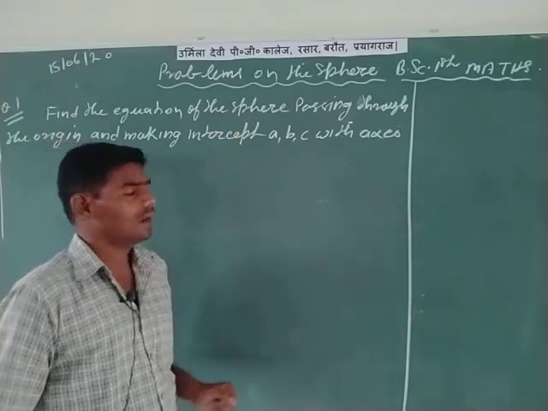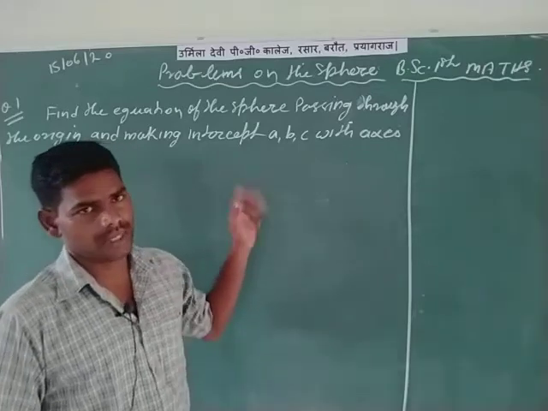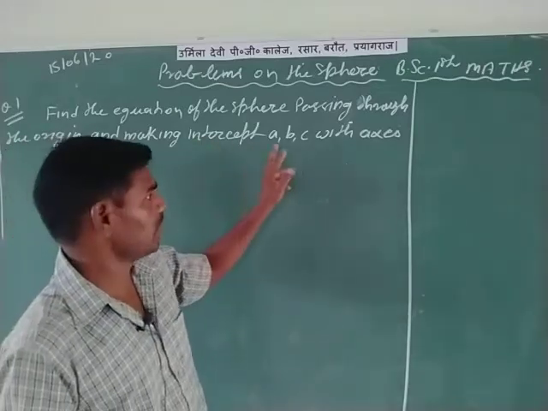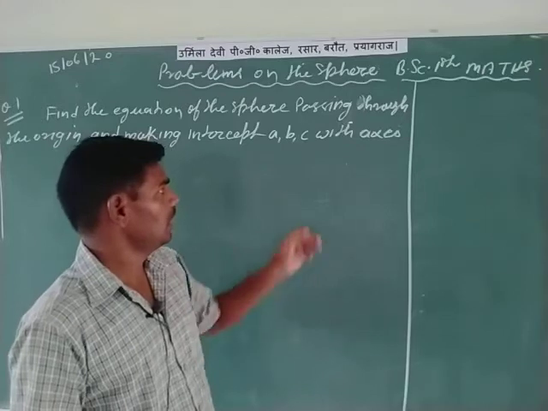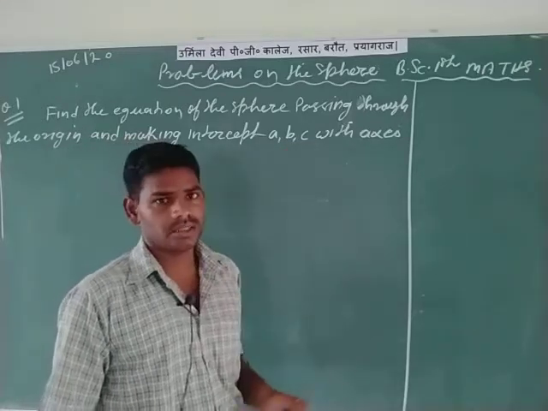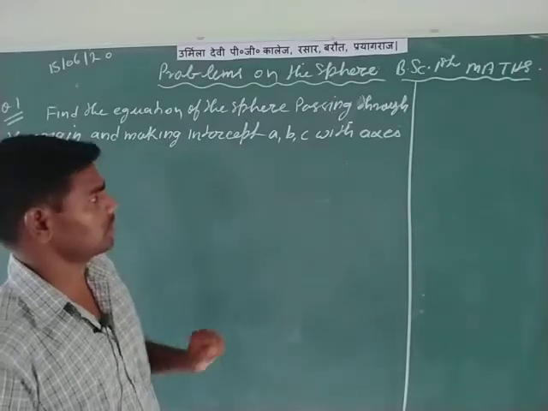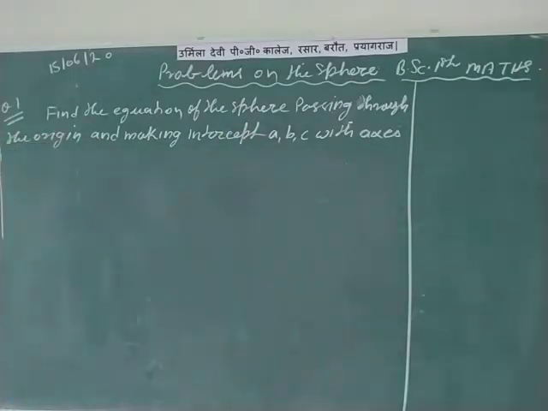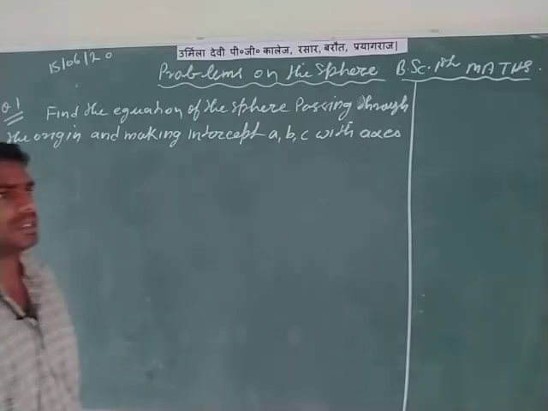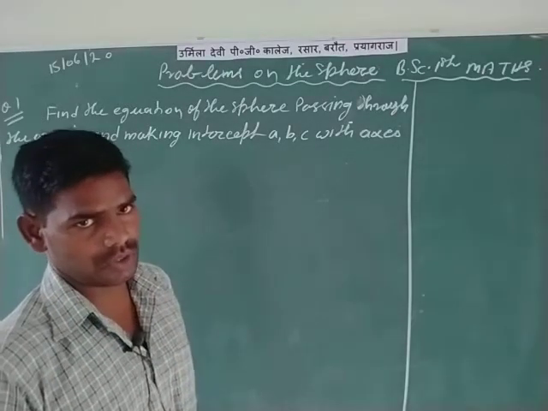Similarly, the distance on the y-axis intercepted by the required sphere is b, and on the z-axis it is c. Also, this sphere passes through the origin, whose coordinates are (0, 0, 0).